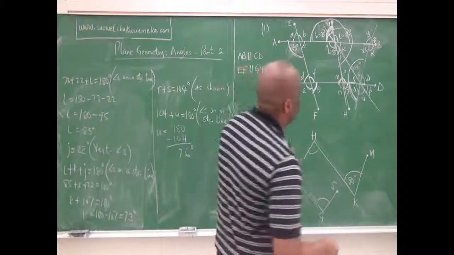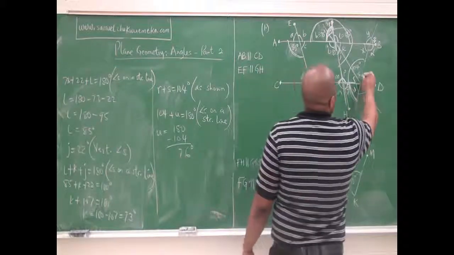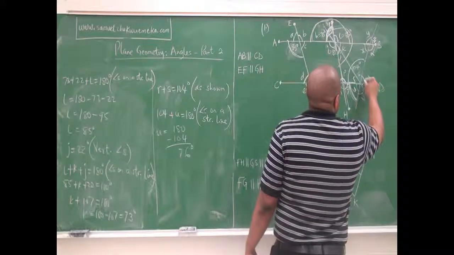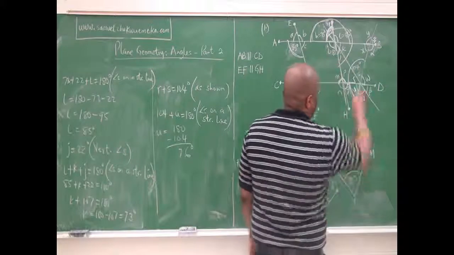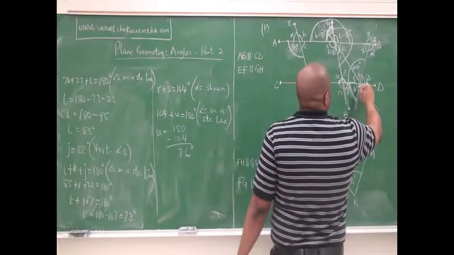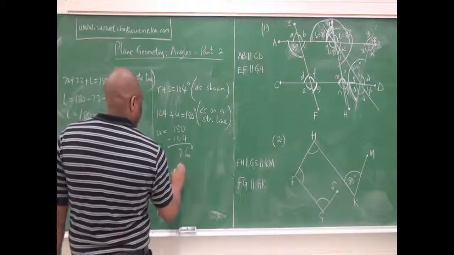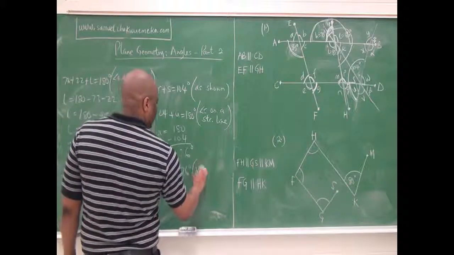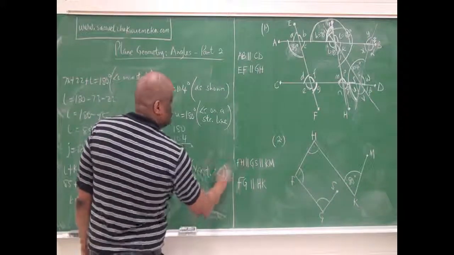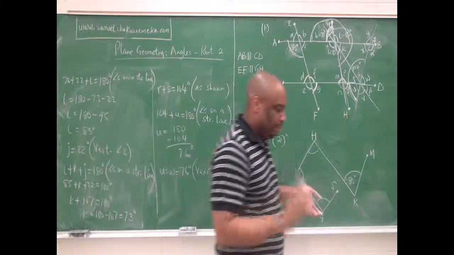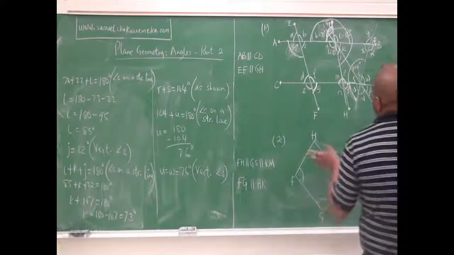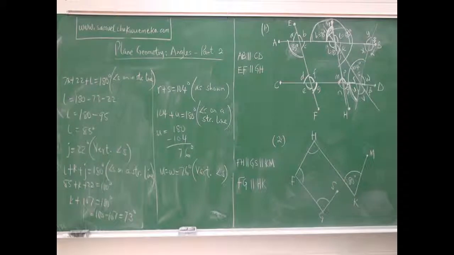So U is 76 degrees, and because of that, W, because if you look, this is X. So U is equal to W, which is 76 degrees. Reason, vertical angles. The best thing is to just pause this video and do this yourself, and then play it back to see whether we get the same thing.